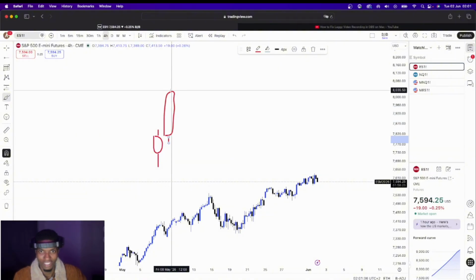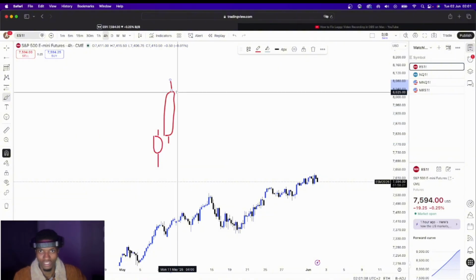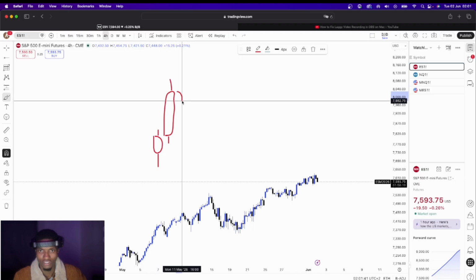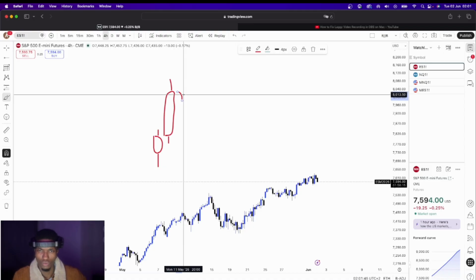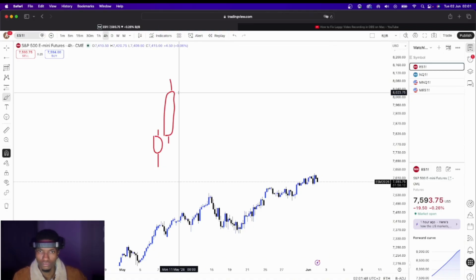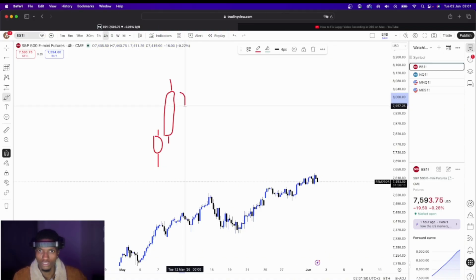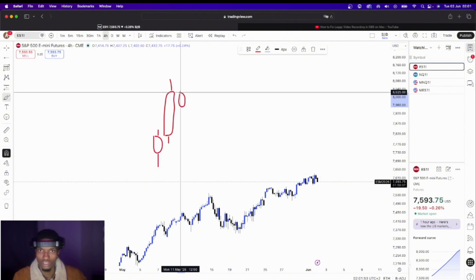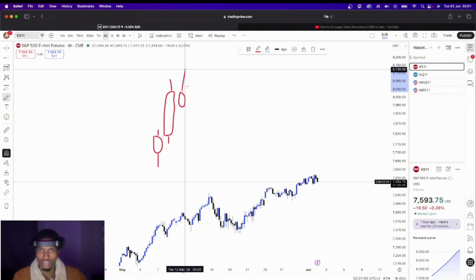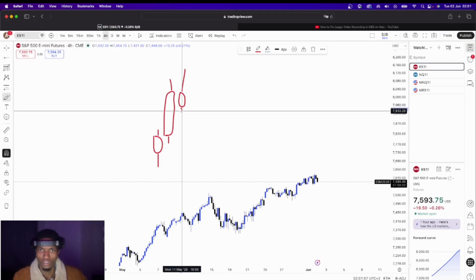So we have another wick and a wick here, and then the third candlestick, let's say it closed somewhere there. Then we have this wick here.